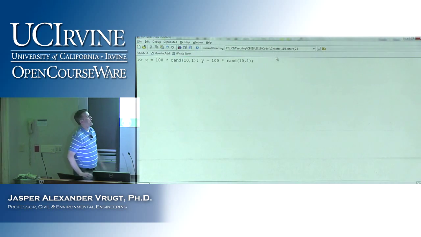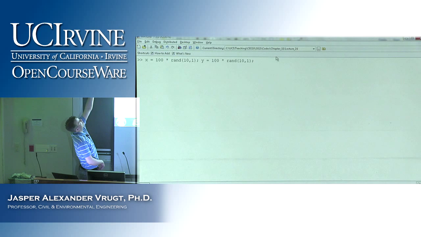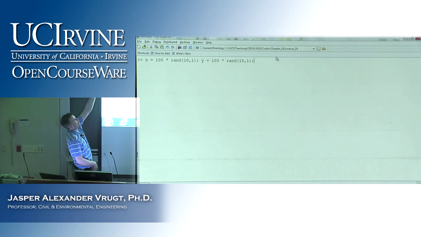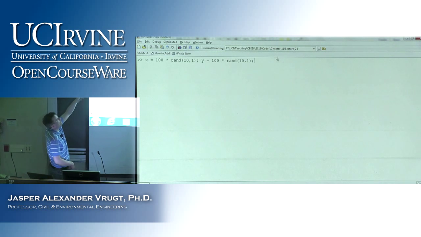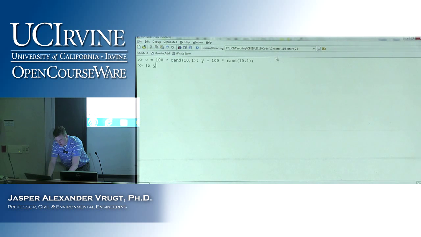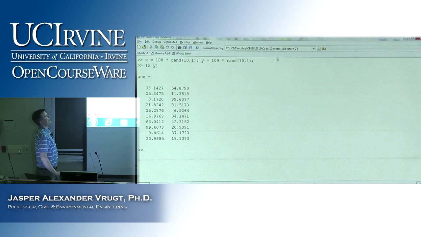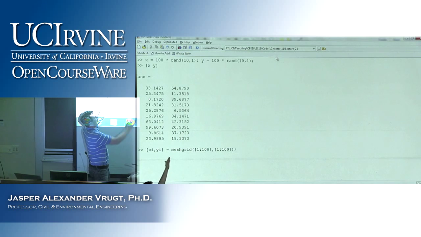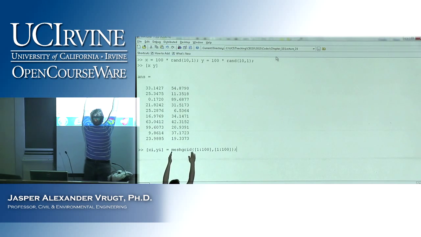Here I randomly create 10 X values and 10 Y values that range between 1 and 100. So these are my X and Y values, okay? Now I want to interpolate on a 100 by 100 grid. So I use this option meshgrid, which we have discussed in class.